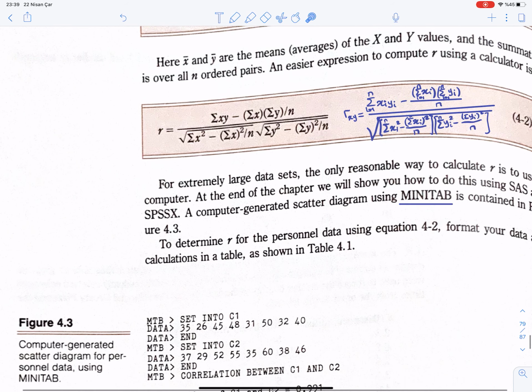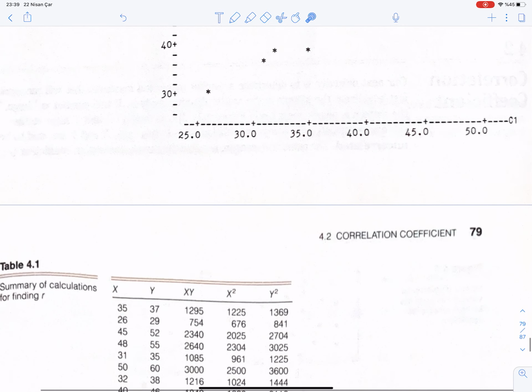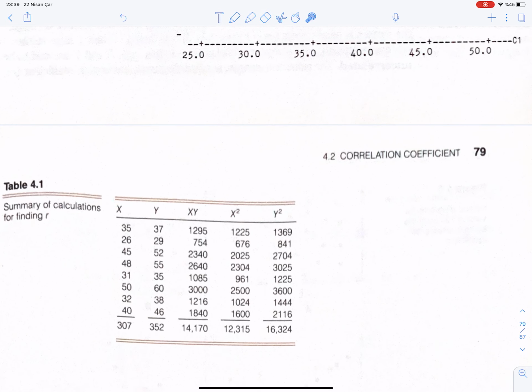Okay, let's get back to our example. So you need xy, x squared, and y squared. If you get all this calculation done, the sum, the rest is easy, it is like algebra.